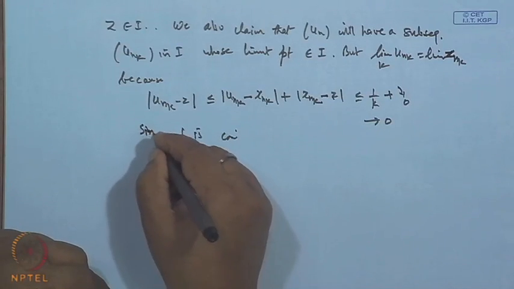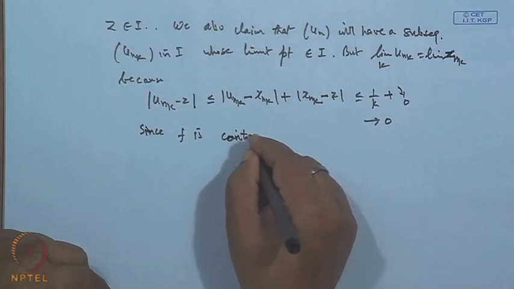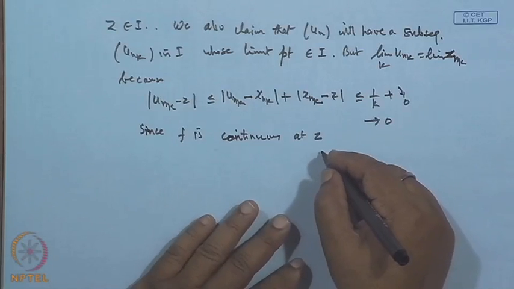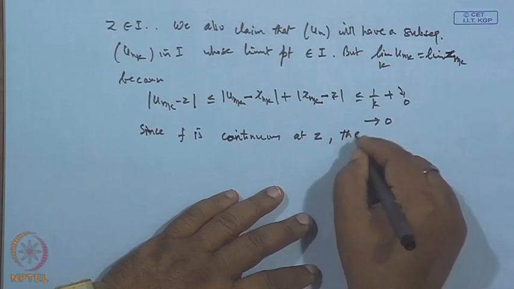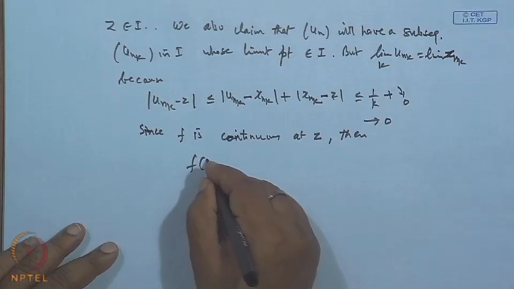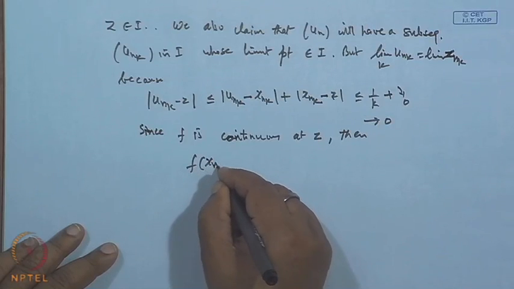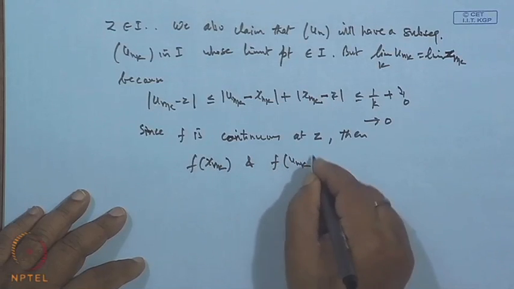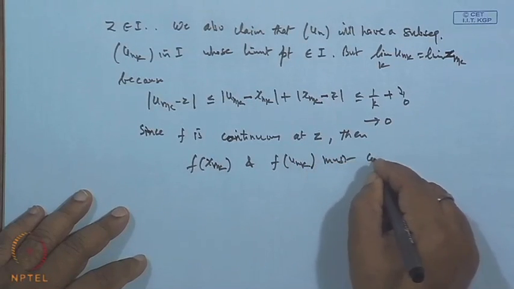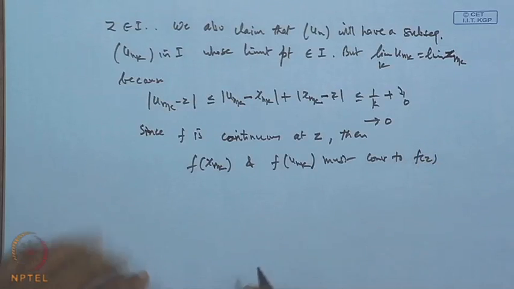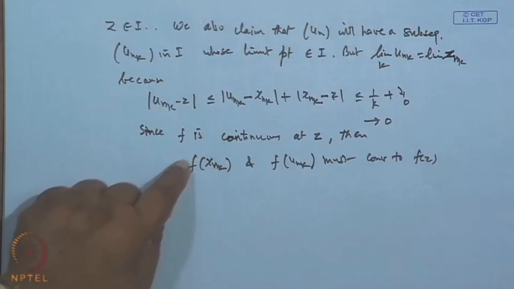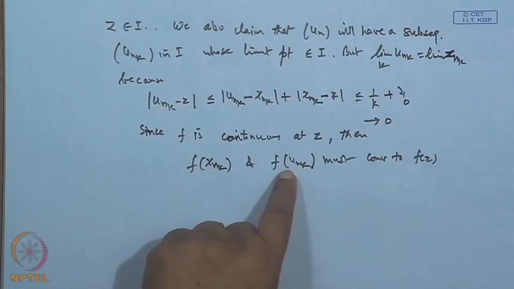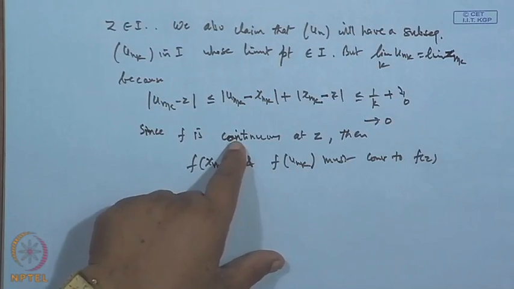Now further, since f is continuous at z, both the sequences f of x n k and f of u n k must converge to f of z, because x n k goes to z, so f of x n k goes to f of z, and u n k goes to z, so f of u n k also goes to f of z.